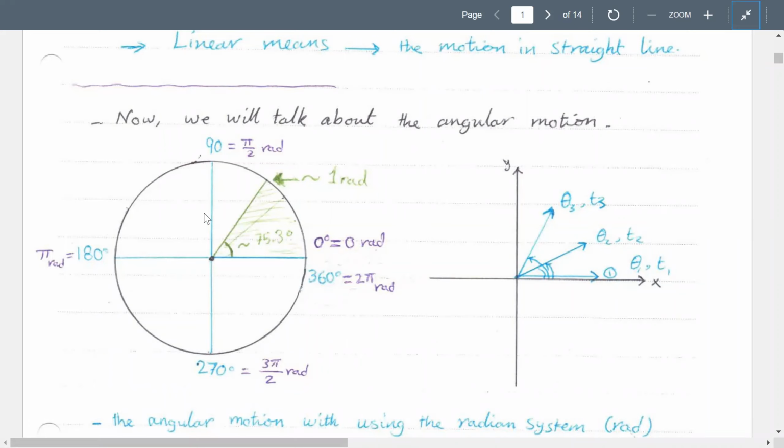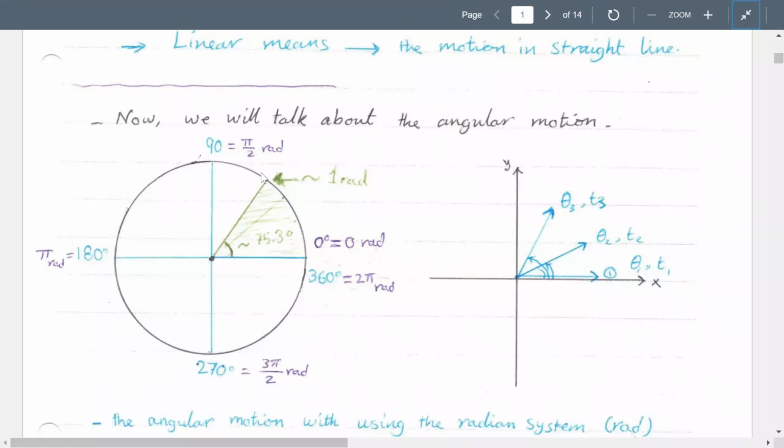Again, if we rotate a full rotation, which is 360 degrees, it is 2 pi. Then we can also rotate once, twice, and third, and many times. And we can measure that in degrees or in radians.